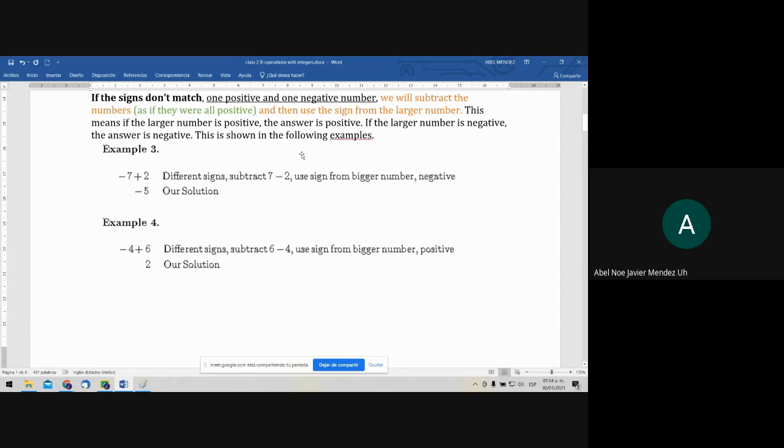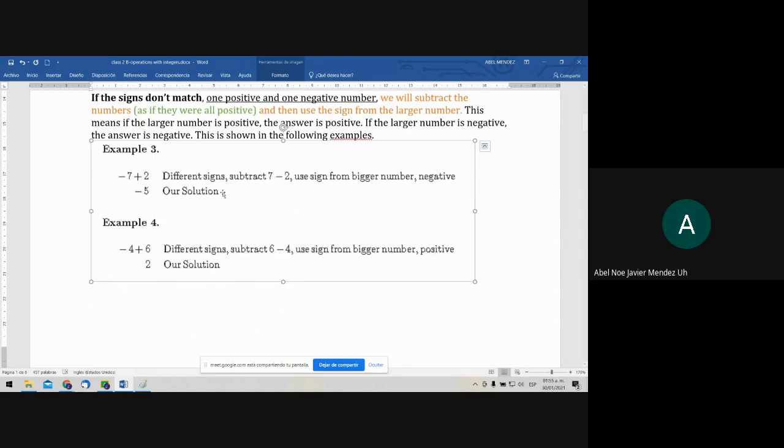But we keep the sign of the bigger number, the larger number. Here we have in the rule, then use the sign from the larger number. Different signs, subtract 7 minus 2, use the sign from the bigger number. It's the negative sign. 7 minus 2 is 5, and use the sign from the bigger number. That's the rule.